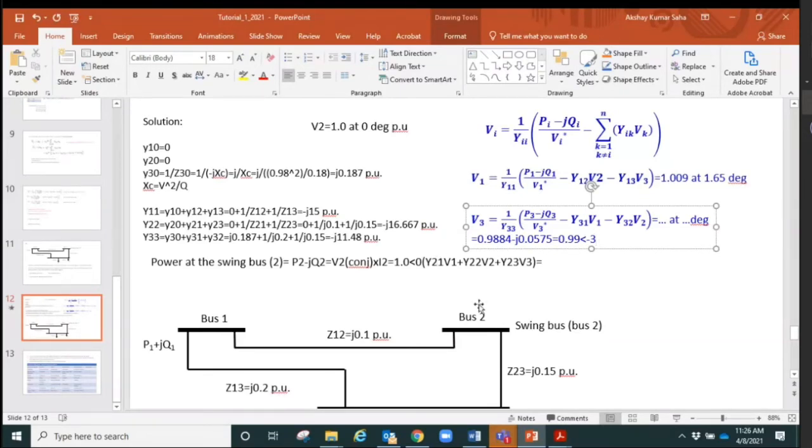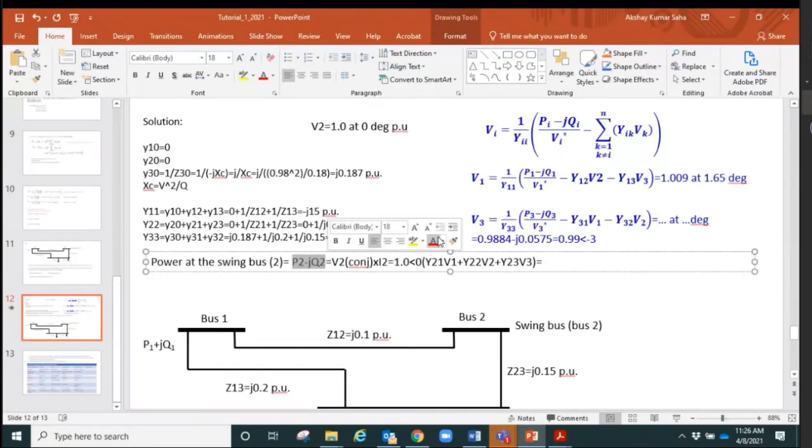So when you have the power at the swing bus, it will come in terms of P2 minus JQ2.